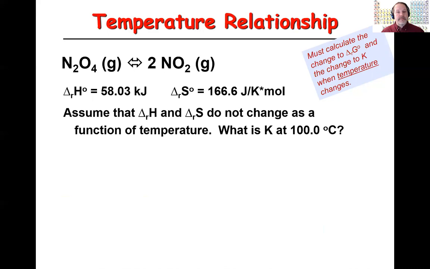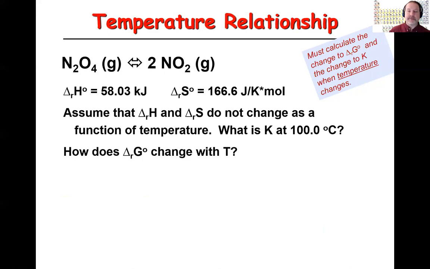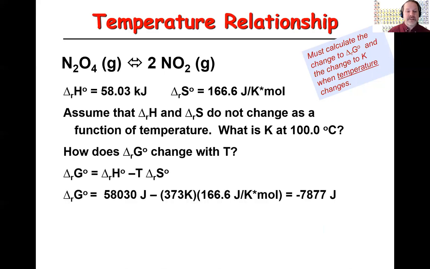Well, there's an assumption that if the enthalpy and entropy are not changing, we can just recalculate the Gibbs free energy at this new temperature using delta H minus T delta S. So I can plug in the enthalpy in joules. I multiplied by 1,000 to get to my joules, plug in the temperature, and I probably should have had another significant digit there.